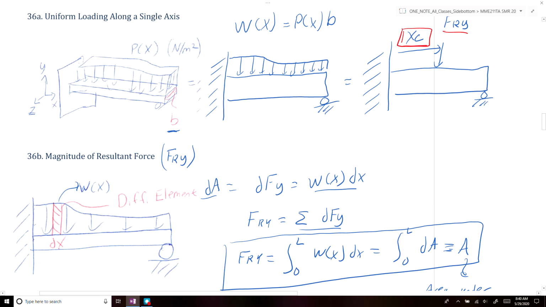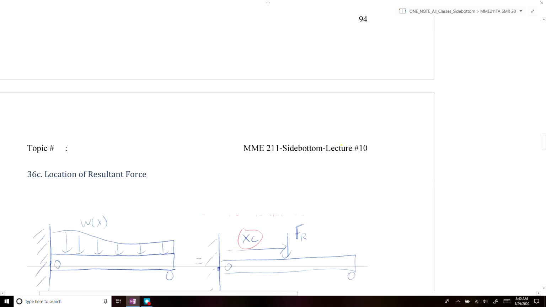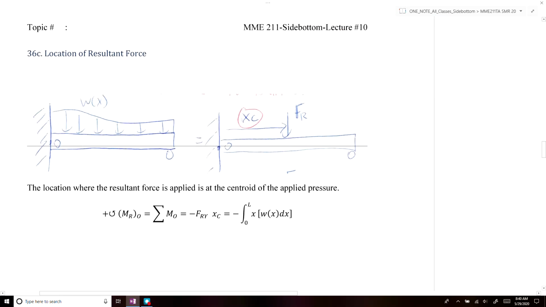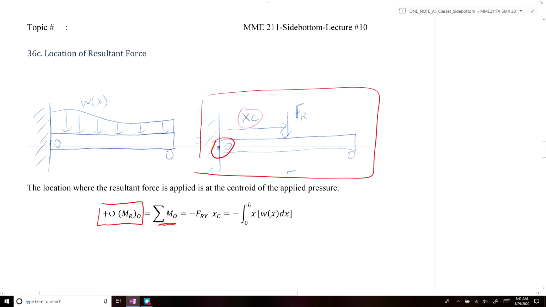Now the only thing we want to calculate is the distance, or where that force is being applied, so that it would create an equivalent moment. To do that, we look at our problem again. The moment about the origin point O of our beam will be equal to the sum of all the moments about the point O. In our simplified version, that moment would just be equal to minus the magnitude of FRY times the moment arm distance xc.